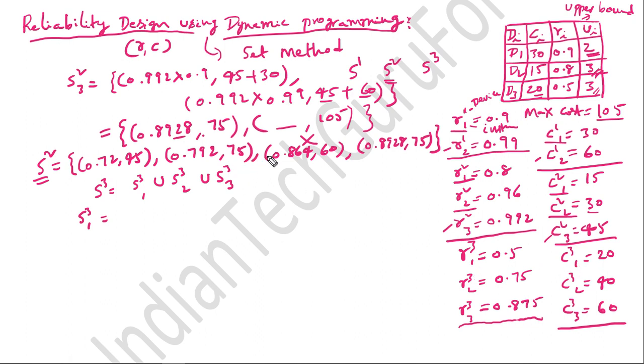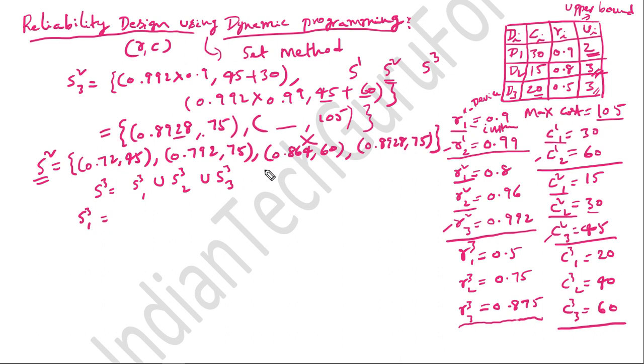However, before actually proceeding, let me check whether it is following the dominance rule or not. Here if you see, the reliability 0.72 is less than 0.792, 0.792 is less than 0.864 and 0.864 is less than 0.8928.